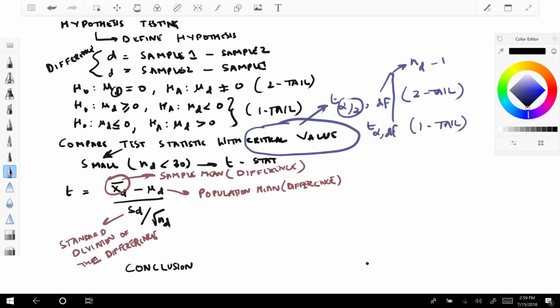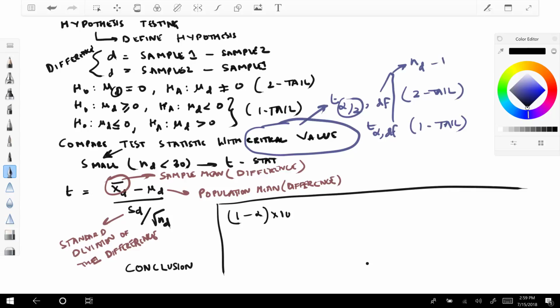So now that we know how to do hypothesis testing, we will also set up our formula for the 1 minus alpha confidence interval, that is, the 1 minus alpha multiplied by 100% confidence interval. Alpha here is the significance level.